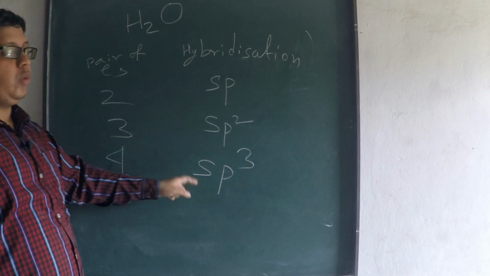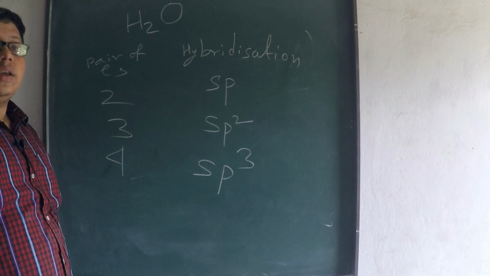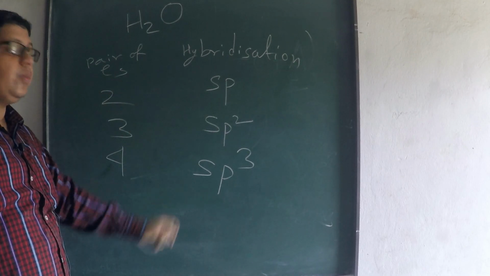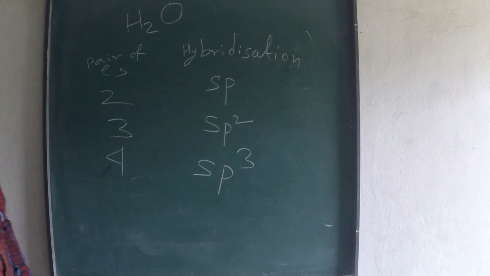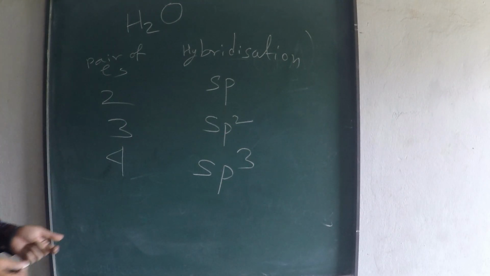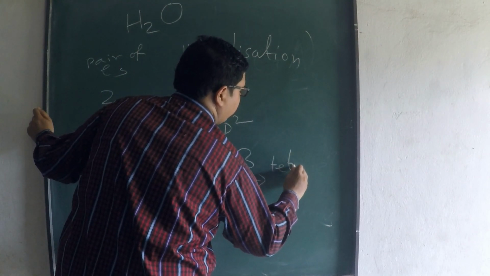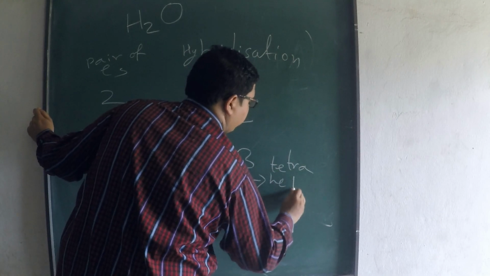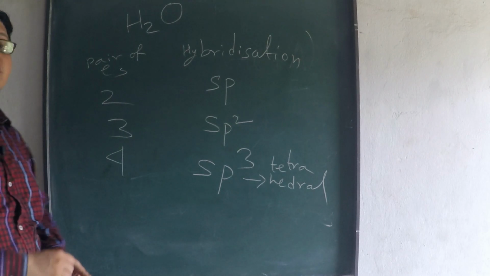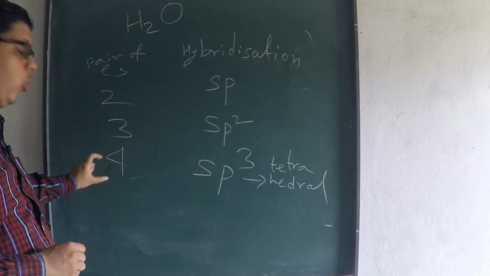Since we have 4, the oxygen in the H2O molecule will be sp3 hybridized. So if it is sp3 hybridized, that means it is associated with a particular geometry, right? sp3 hybridization means tetrahedral geometry. Tetrahedral.